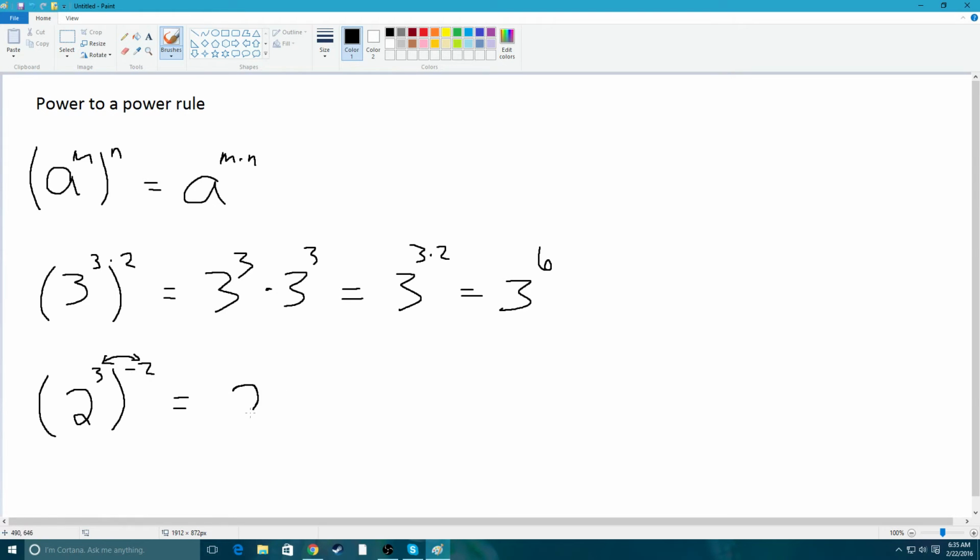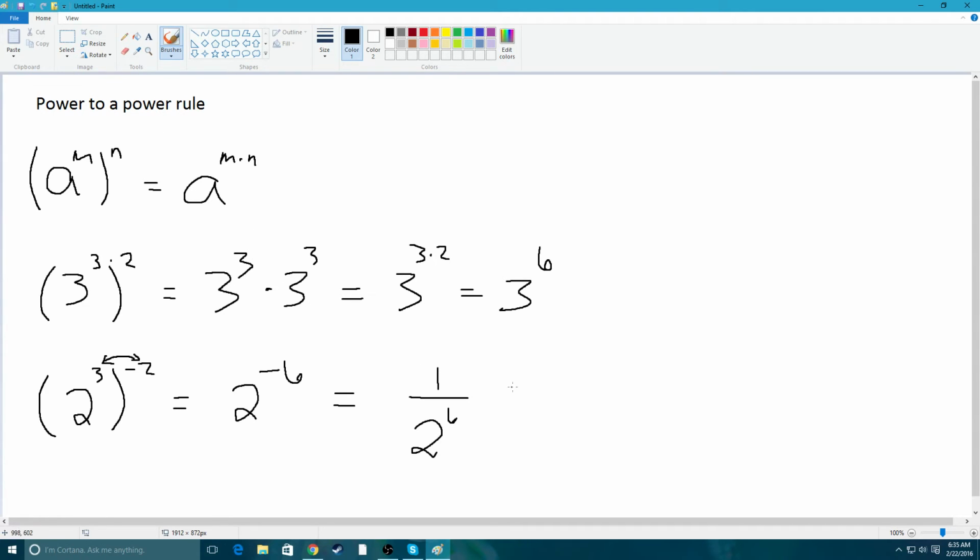So this becomes 2 to the negative 6. And 2 to the negative 6 becomes 1 over 2 to the 6th power. That's another thing we learned the other day. If you have a negative exponent, you have to switch it across the fraction bar. So those are some examples of a power to a power rule.